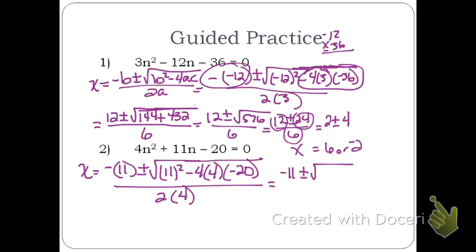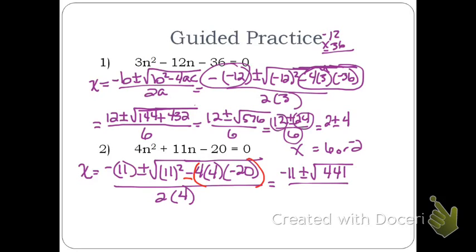Where you'll need to put some extra parentheses is right here. Do your 11 squared in your calculator, minus, then use parentheses before you do 4 times negative 20, and then press equals. If you did it right, you should get 441.